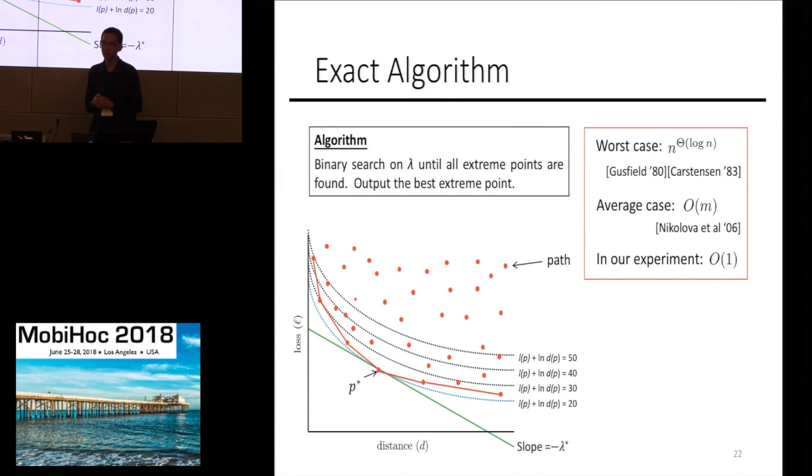But with the smoothed analysis, I find that under some small perturbations, in the average case, we only have a linear number of such extreme points. And in our experiment, we show that on average, there are only a constant number of such extreme points.